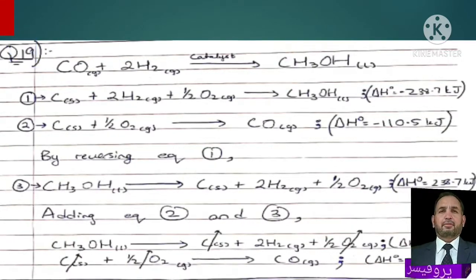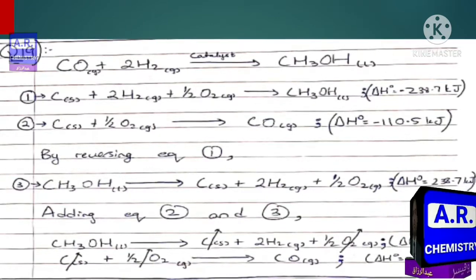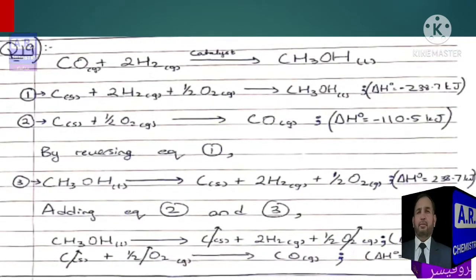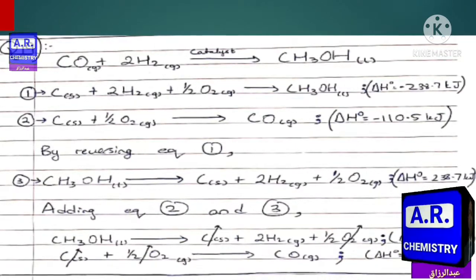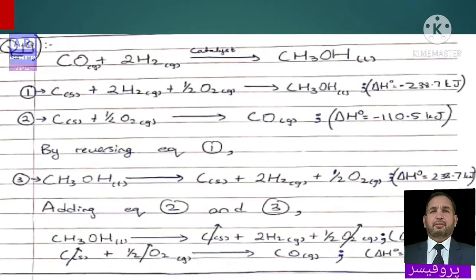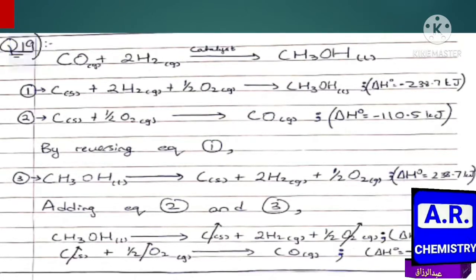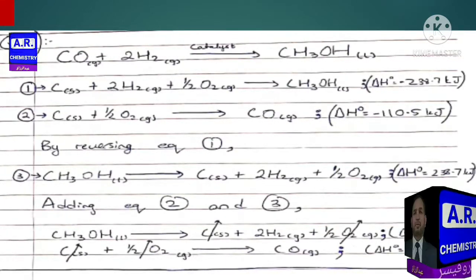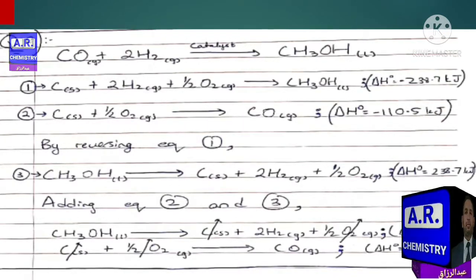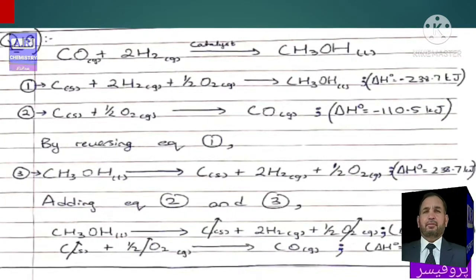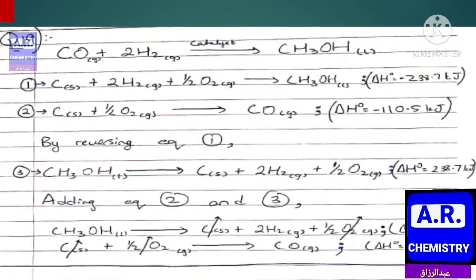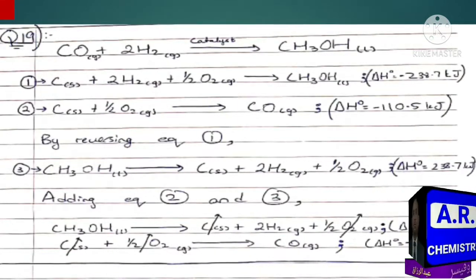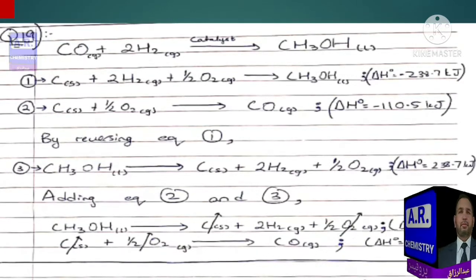After writing this equation, next is the second equation of the data, and the second equation is the enthalpy of formation or combustion of carbon, or formation of carbon monoxide. So you write as reactants carbon, solid, and 1 by 2 O2, gas, and after the arrow the only product is CO, carbon monoxide gas.